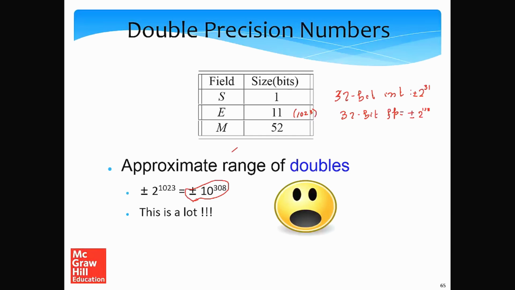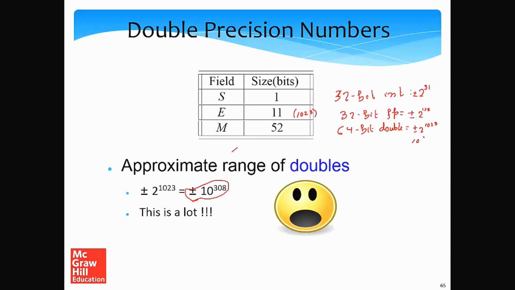So this is a lot, right? And we don't typically need more than this. So I can add a note over here that for a 64-bit double precision, what we have as double in C, we are roughly at plus or minus 2 to the power 1023, and this is roughly 10 to the power 300, right?